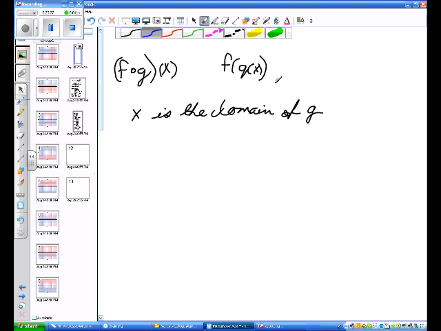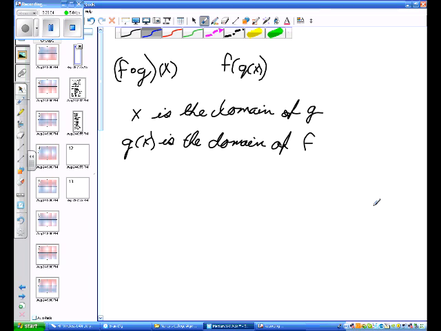So x is in the domain of g, and g of x is in the domain of f, the function f. So what we're going to have to do is consider, well, what happens if we plug our function into it? Again, we're going to just be looking at ways that would make the denominator 0 or would make what's underneath the radical a negative number.